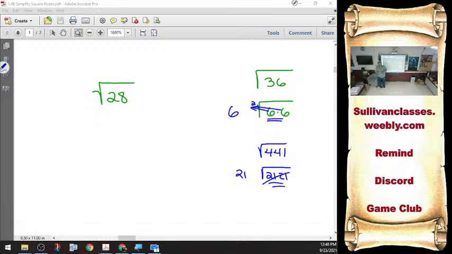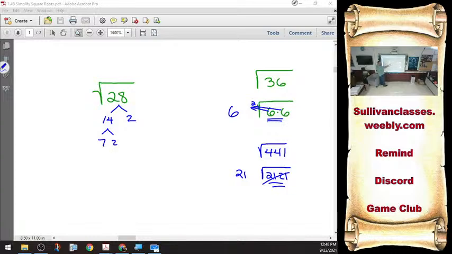Do y'all remember factor trees? No. You will as soon as I do it, and you'll hear the collective groan from the group. What times what makes 28? Any two things that multiply to make 28. 14 and 2. What times what makes 14? 7 and 2.